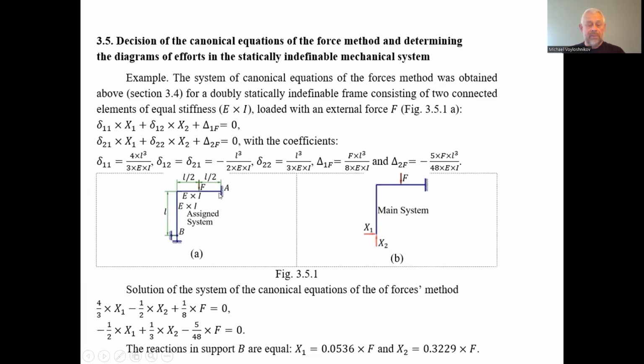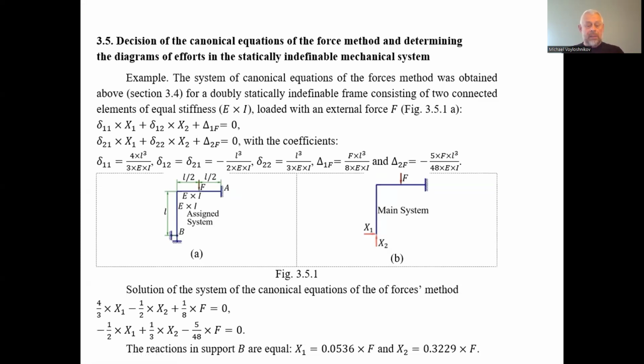So we have 3 unknowns in the point A, the two components of the resultant force of the reaction and one rotating moment in the point A. And we have two components of the resultant force in the point B. So together we have 3 and 2, we have 5, and only 3 balance equations.